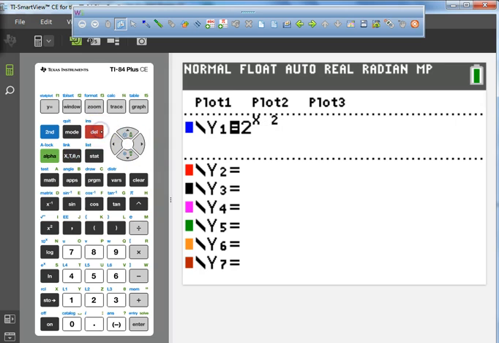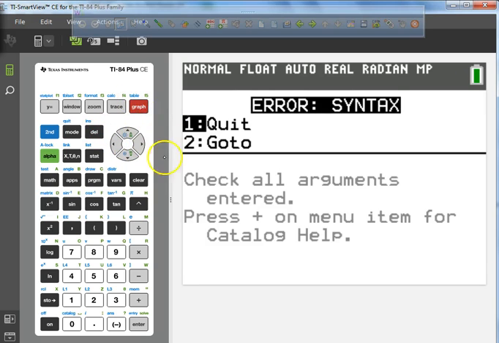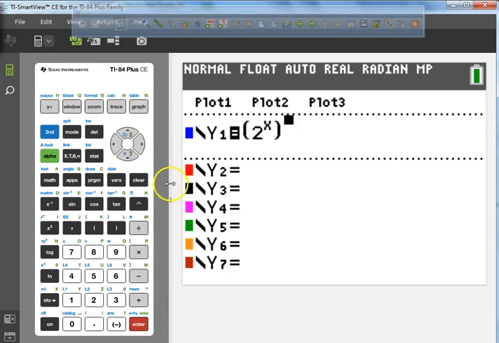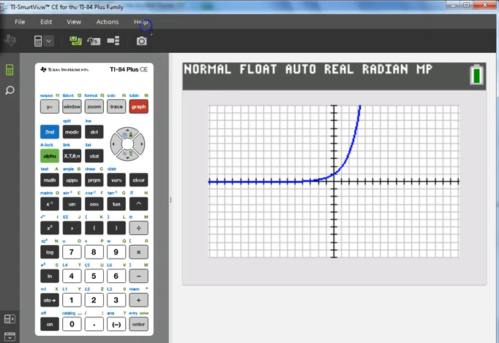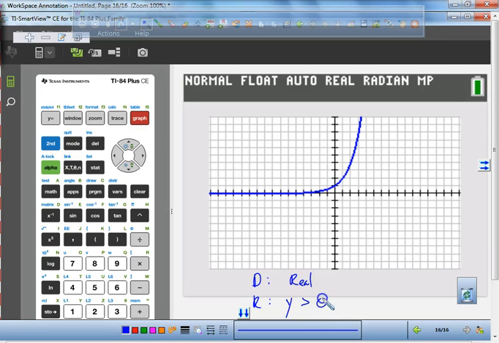Before you guys leave, let me do one last one, and I'll let you guys leave. See that function right there? The domain is all real numbers. The range is y is greater than 0. Okay? So those are the three functions you need to be aware of tomorrow.